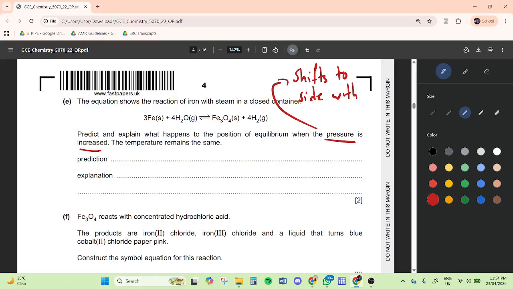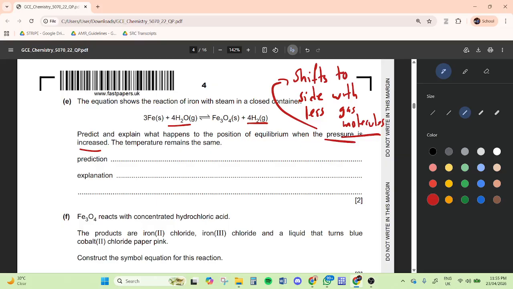Anyways, shifts to the side with less gas molecules. So if we take a look at this over here, we're not gonna look at this because these are solids, so obviously these don't count. So for now, we're just gonna scribble this out. We have 4 moles of water over here and 4 moles of hydrogen over here. So because they're the same on both sides, there's going to be no effect on equilibrium because they're equal number.